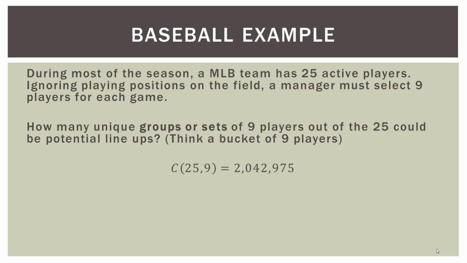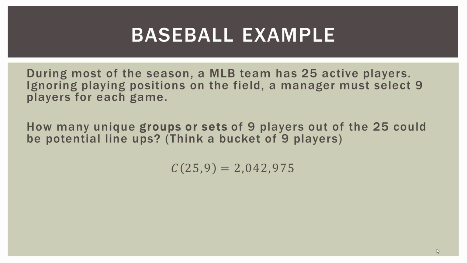Most people wouldn't think that number would be that high. But if you have 25 total players, you can make over 2 million unique groups of 9 players out of that 25. So you can see why it's important to begin to understand how to count things that are less intuitive and have much higher numbers.